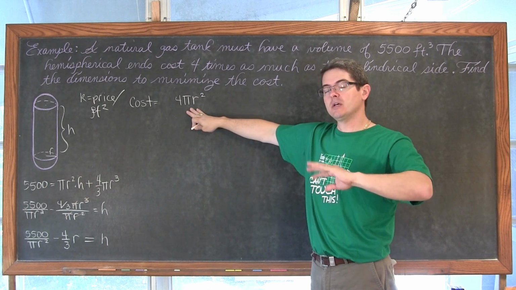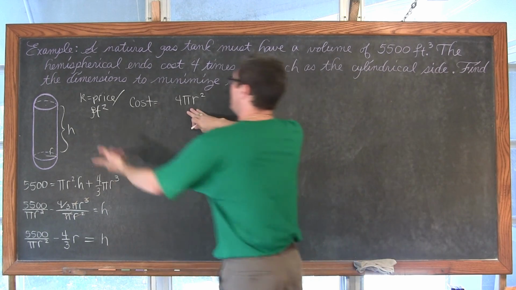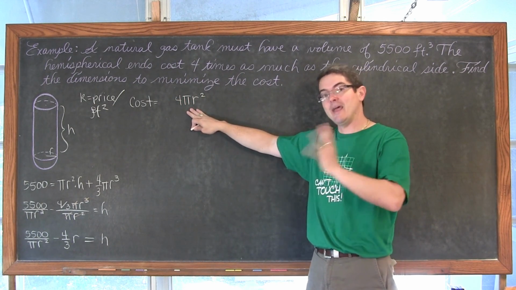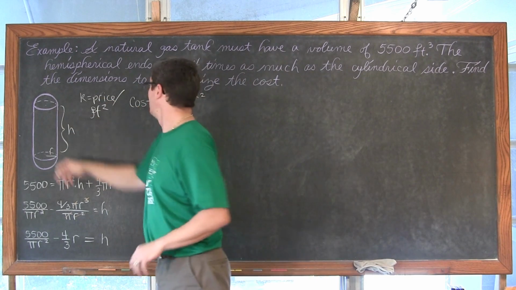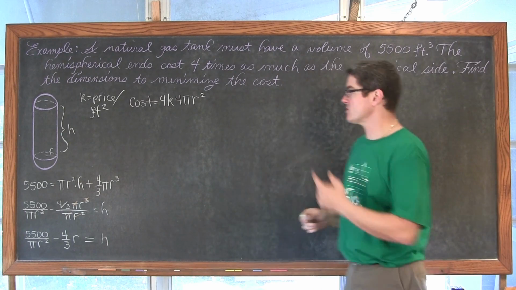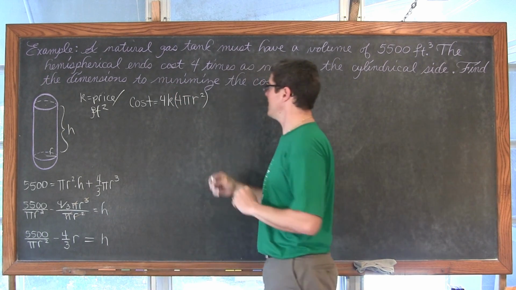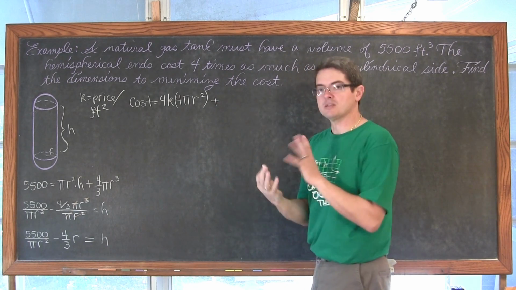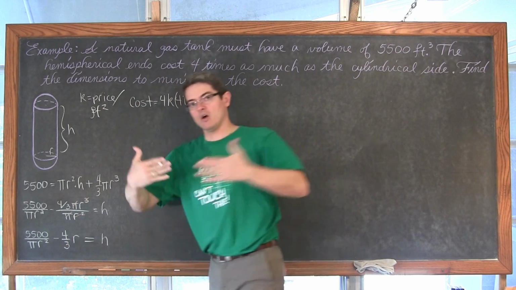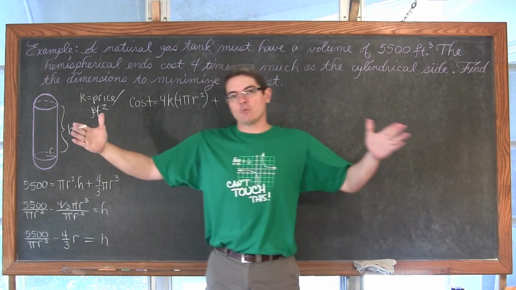That's going to be the surface area in square feet, how they're selling the material just for conversational purposes, and that cost is 4 times as much. Now how much does it cost per square foot? I don't know, but I'm going to allow K to be the price per square foot, and the hemispherical ends are costing 4 times as much as that cylindrical side. So this is going to be the cost of the end caps plus the sides. Okay, well, if I take these off and I cut this and I open this up, then we basically are just finding the area of a rectangle.